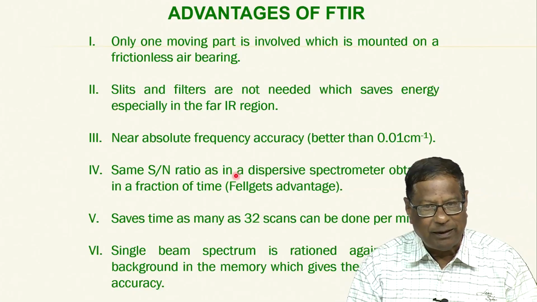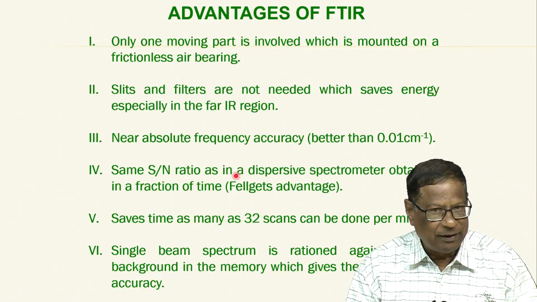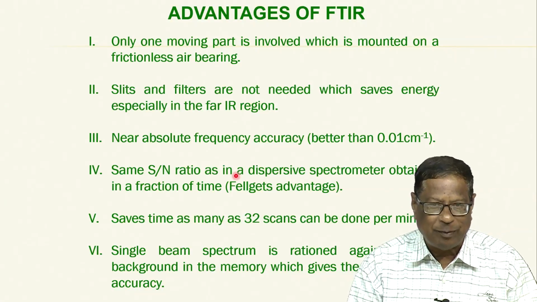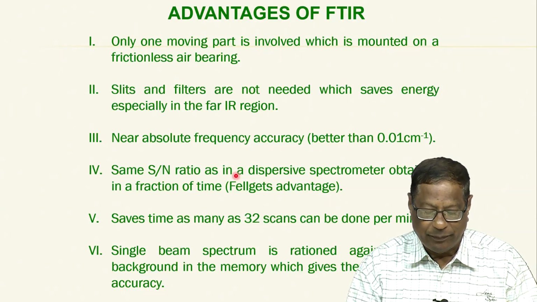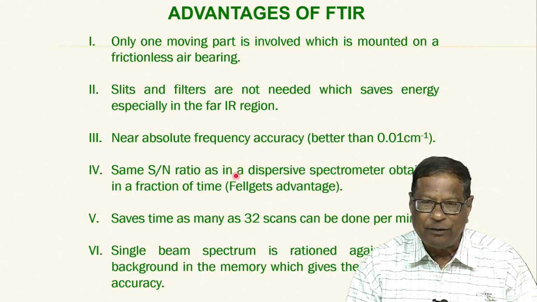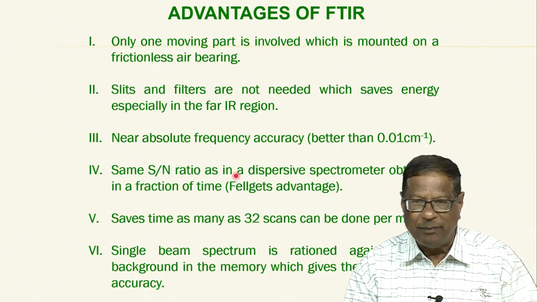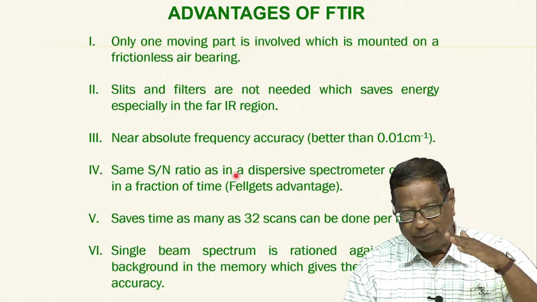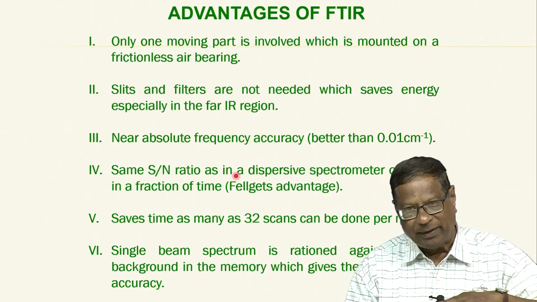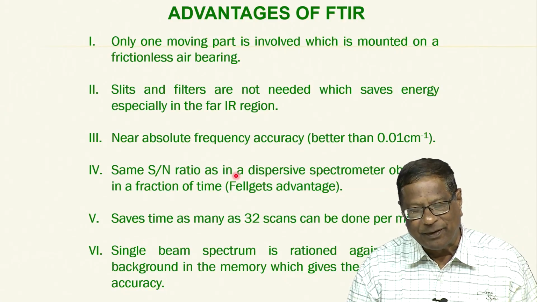You know what is signal? You know what is noise? You do not know. I have to explain to you. So, the peak in an IR is known as signal. The intensity of the peak below its base is known as noise. Okay.